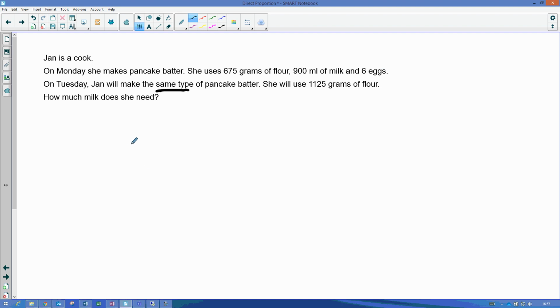So we want milk and we've got flour. So what we want to know, to work this out, a lot like the price example previously, is the amount of milk per gram.